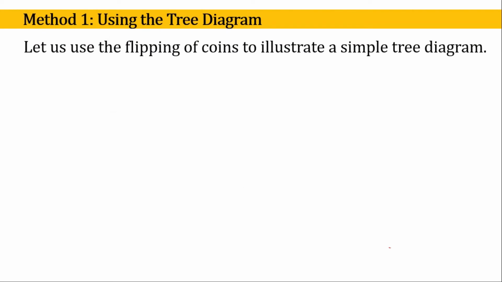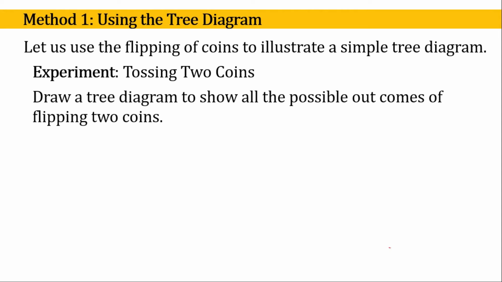Let us use flipping of coins to illustrate a simple tree diagram. So, tossing two coins, draw a tree diagram. On your first toss, on your first coin, the possible outcome could be head or tail.